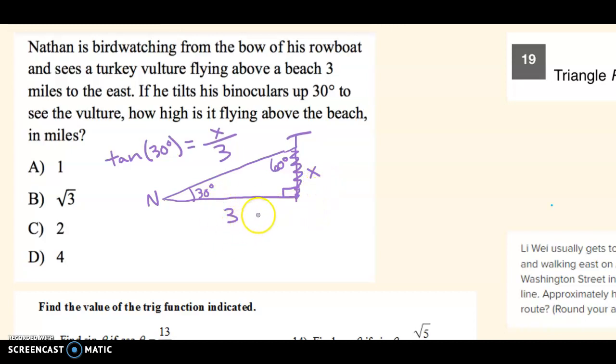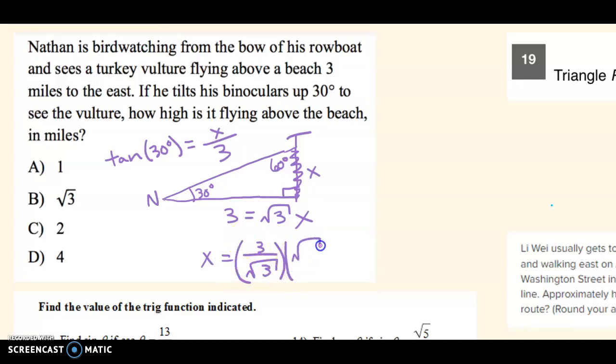So this side of 3 opposite my 60-degree angle is equal to root 3 times x, this side opposite my 30-degree angle. And so that means that x is equal to 3 over root 3.